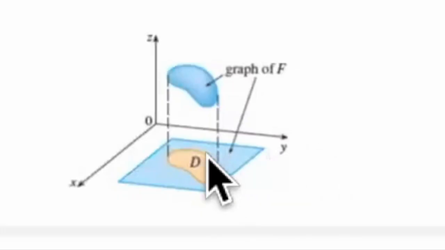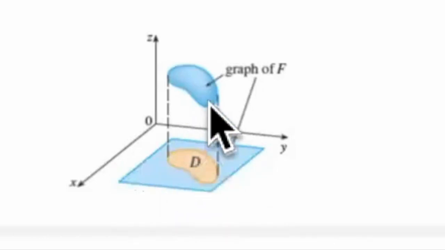From this figure, we see that on this rectangle, the big F function has function value 0 on the blue region. And then all of a sudden, it jumps to the function value of small f on the orange region.